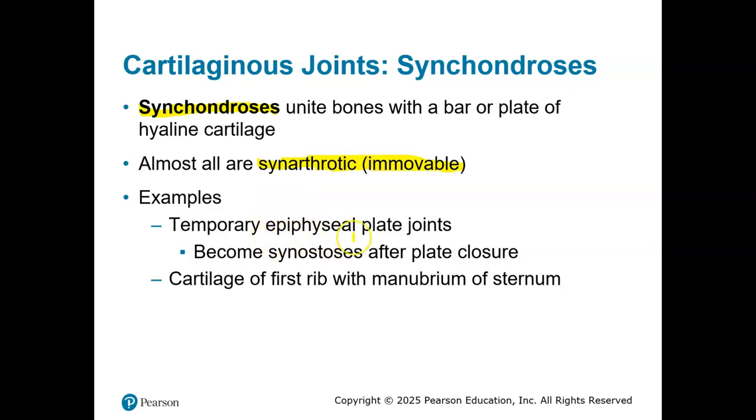When the epiphyseal plate closes and becomes an epiphyseal line, that is a synostosis, and there's no movement there at all. The cartilage of the first rib, where it connects with the manubrium of the sternum, also has no movement.